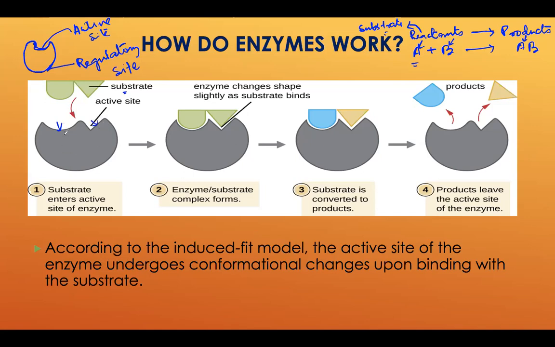So that's the active site. And this regulatory site is for other chemical molecules, elements, or compounds that actually control the activity of the enzyme. At this moment we will focus on the active site, and how the enzyme speeds up the chemical reaction, how it works.